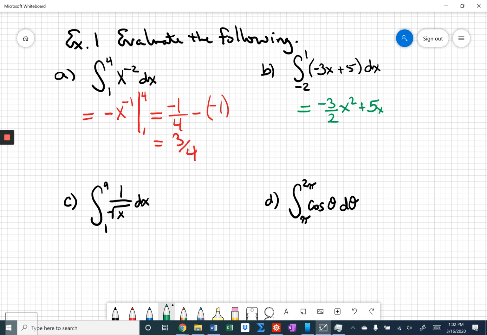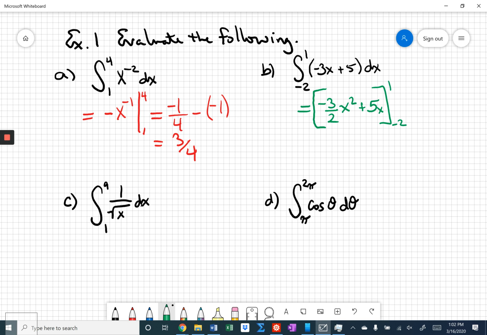Now, similar to what we did over here with that vertical bar, we want to put some notation to this so that the reader knows we still have some work to do. Since we have a sum here, we tend to use brackets instead of a vertical bar, so that the reader knows that the negative 2 gets plugged into both terms, as does the 1.